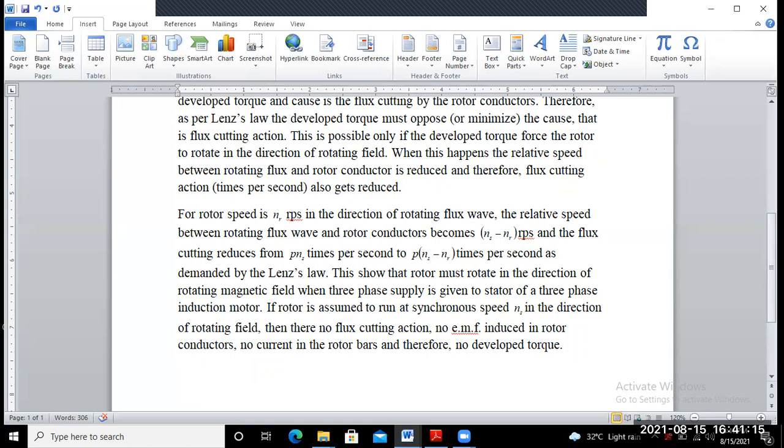Thus the rotor of a three-phase induction motor never attains synchronous speed.